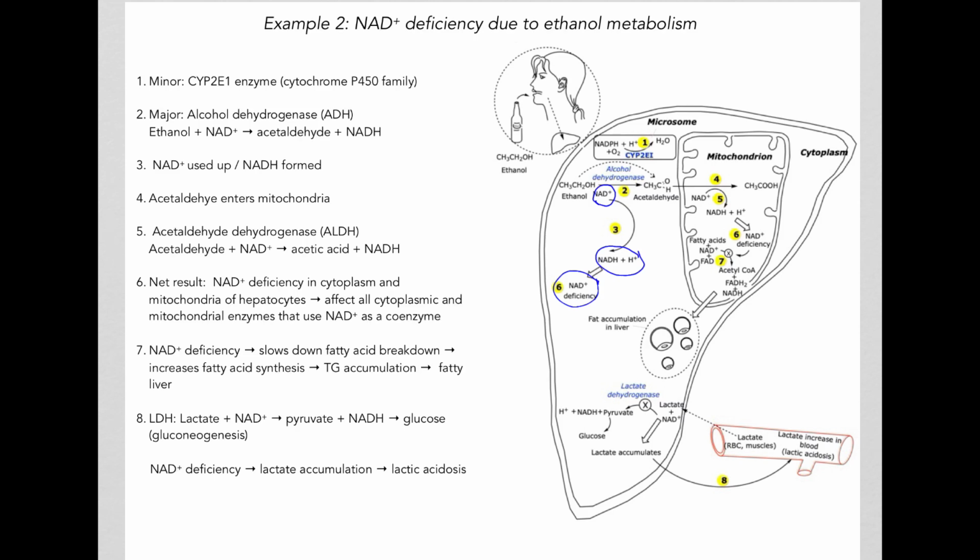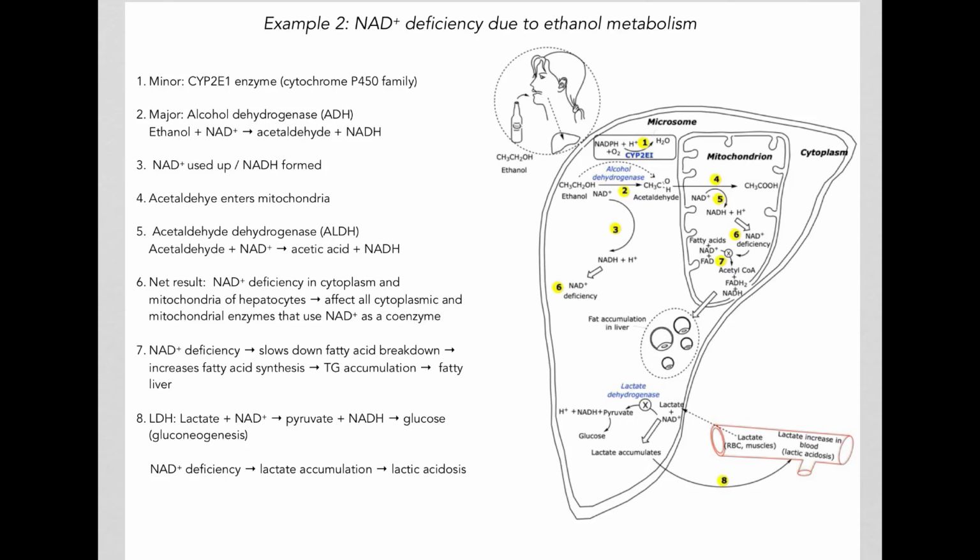So that will lead basically to a NAD deficiency. Now the acetaldehyde will enter the mitochondria, and it will be converted to acetic acid. And once again, the NAD is used up, and we get NADH formed. And this reaction is catalyzed by the enzyme acetaldehyde dehydrogenase.